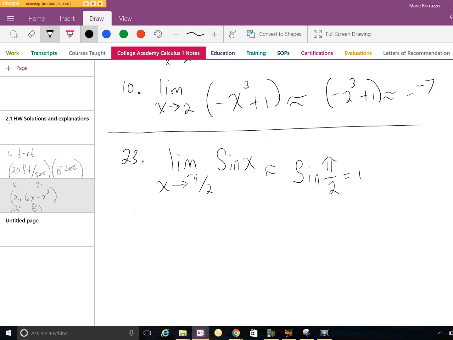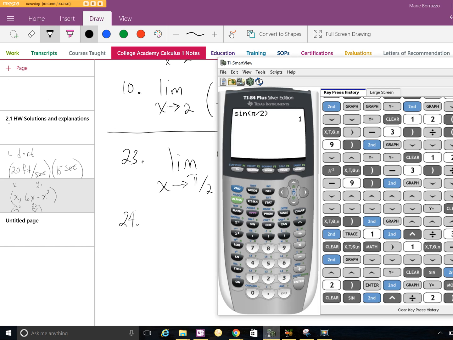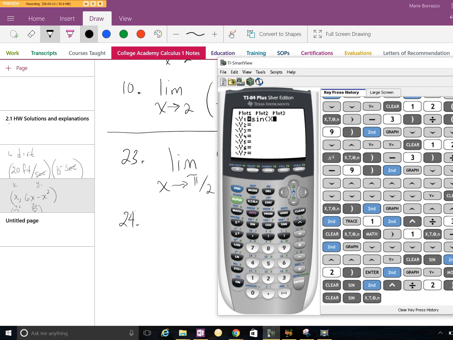Okay, so let's look at number 24. And by the way, you do recall, let's go back to the sine function, just plain old sine x. You notice the sine x always oscillates between y equals positive 1 and negative 1, unless there's a change in the amplitude.